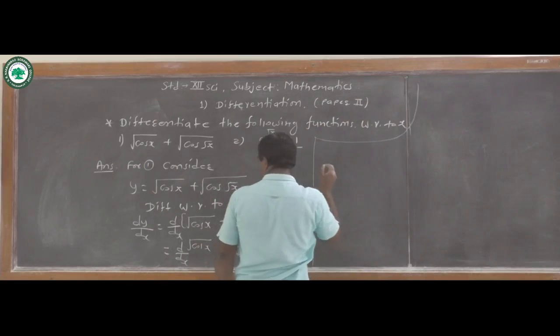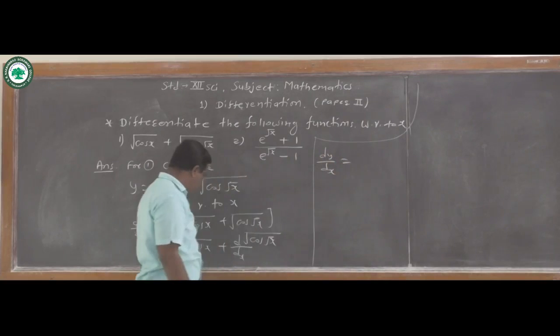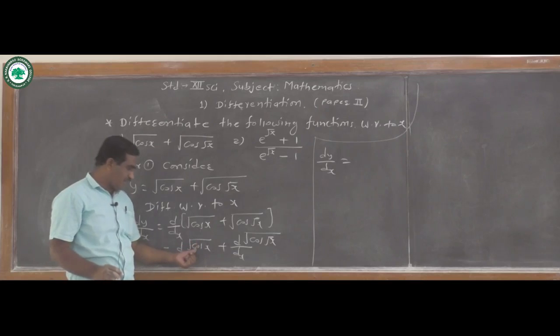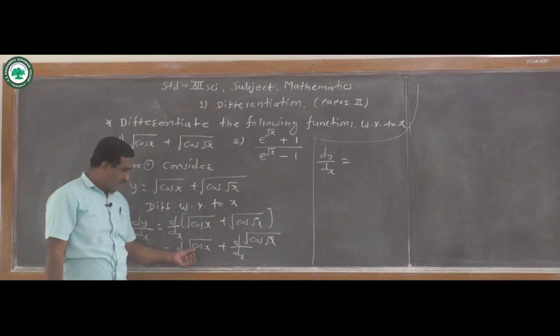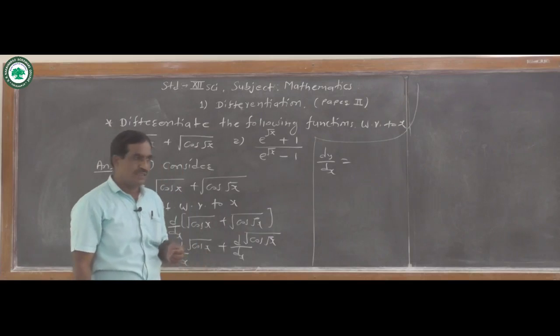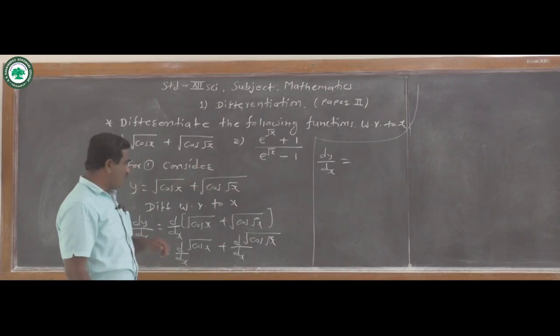Now further dy by dx equal to, we have to find derivative of root of cos x. This is a composite function. Suppose this cos x as f of x, then we know that derivative of root of f of x is 1 upon 2 into under root f of x into f dash of x.